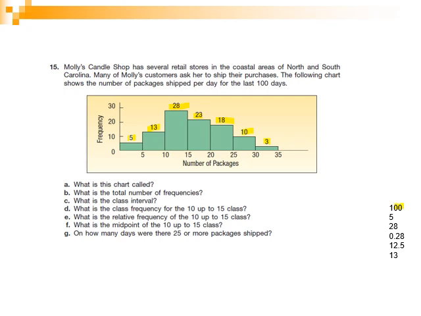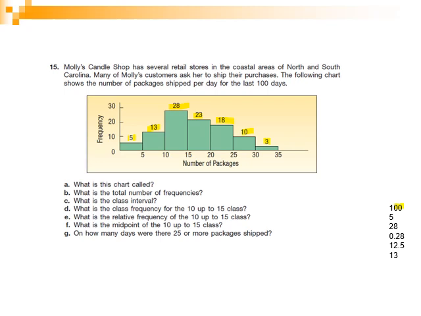What is the class interval? We know that the class interval in the histogram is shown on the x-axis, the horizontal axis. So we have the first class from 0 up to 5, the second 5 up to 10, the third 10 up to 15.